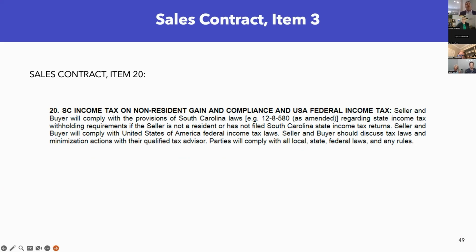Now, the last thing, we are not tax lawyers. When we start talking about taxes, we commit malpractice. But our sellers still need to know about the I-295, right? And if we're representing an out-of-state seller selling their South Carolina investment property, this comes into play.